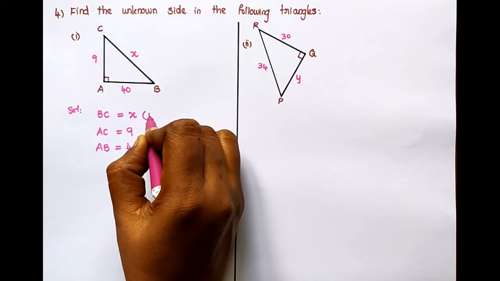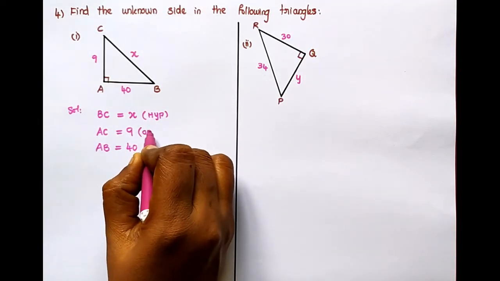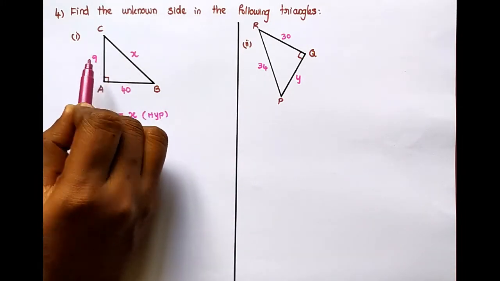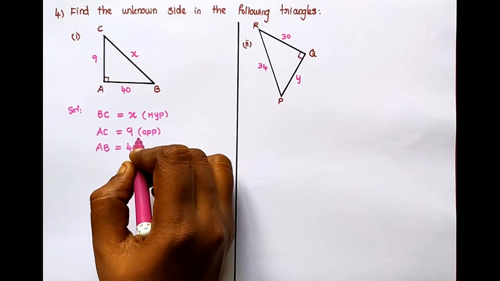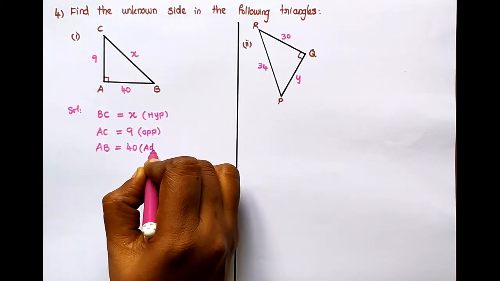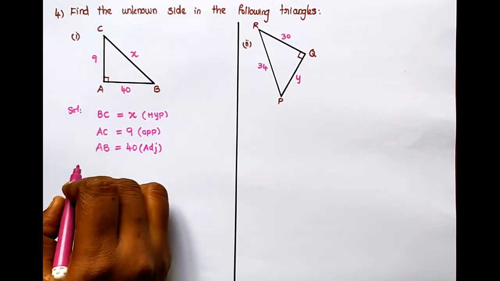Listen, this is the hypotenuse, this is the opposite side, and next to the opposite side, that is the adjacent. We already know that. What is the Pythagoras theorem?